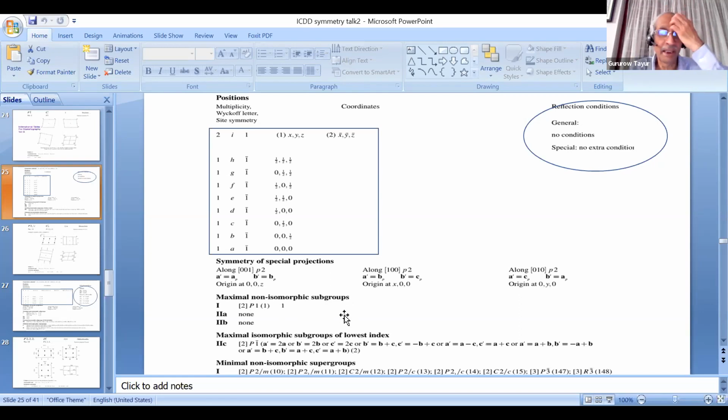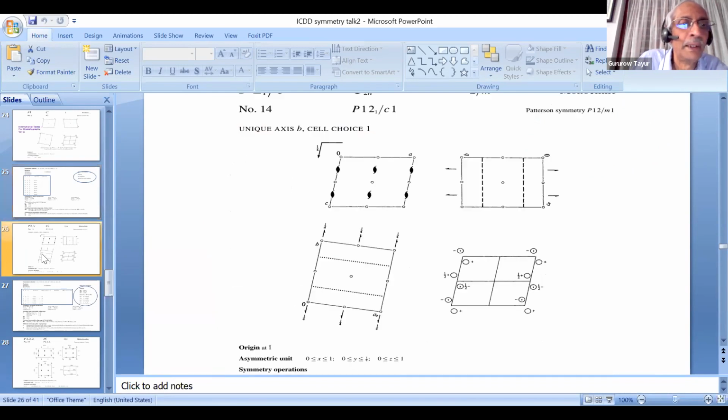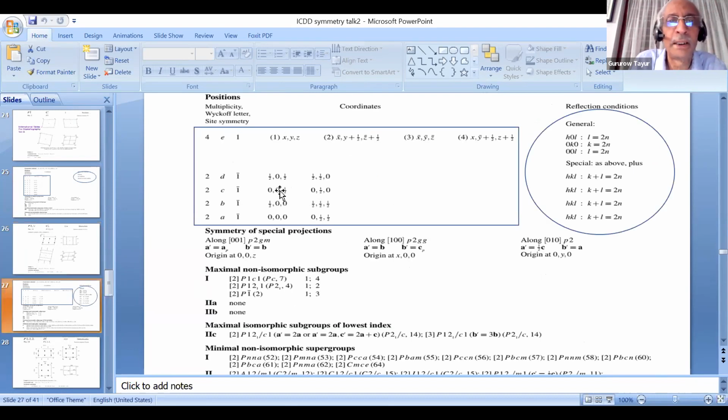Let's take P21/c as the discussion space group. In P21/c, we have the equivalent points listed here, and the symmetry of special projections are also listed here. Then we have the maximal non-isomorphous subgroups.